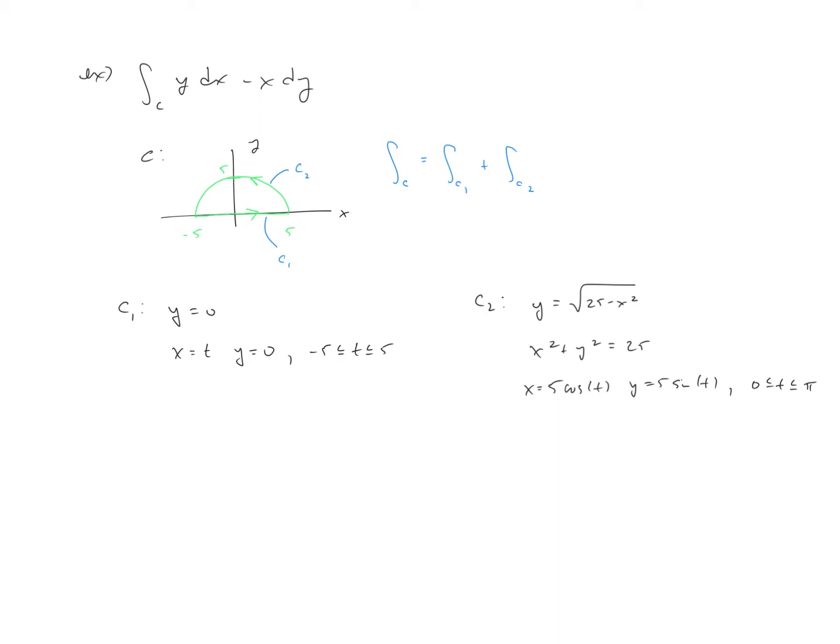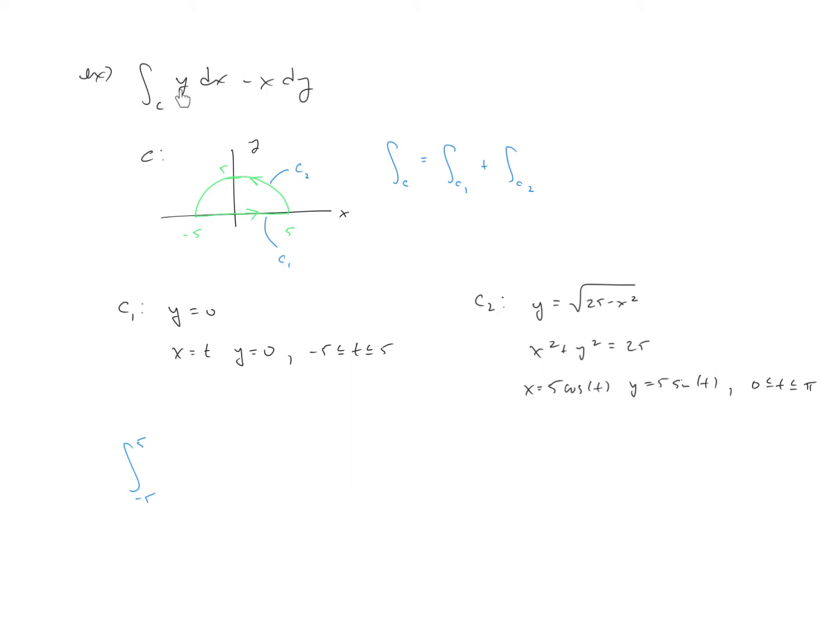So let's go ahead and get this first part set up. For the first integral, I'm going to go from -5 to 5. Now, as you can see, we've got our y dx, and I'm going to need to write that in terms of t's.